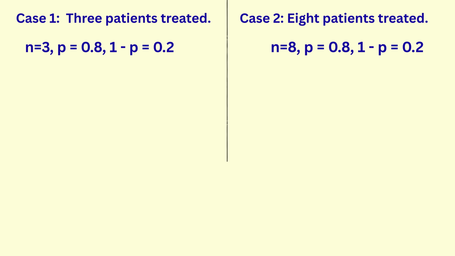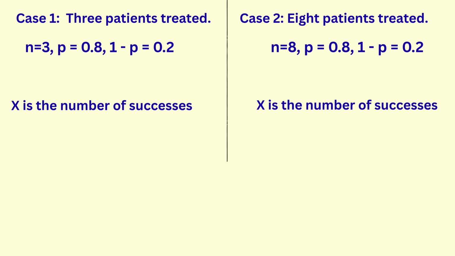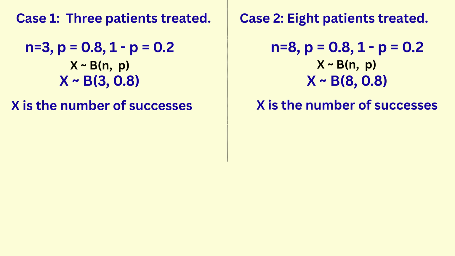It was established that the discrete random variable x follows a binomial distribution, where x is the number of successful outcomes in n trials. The notation is written like this, where n is the number of trials, and p is the probability of success. Both are needed to describe the distribution completely and are called the parameters of the distribution.